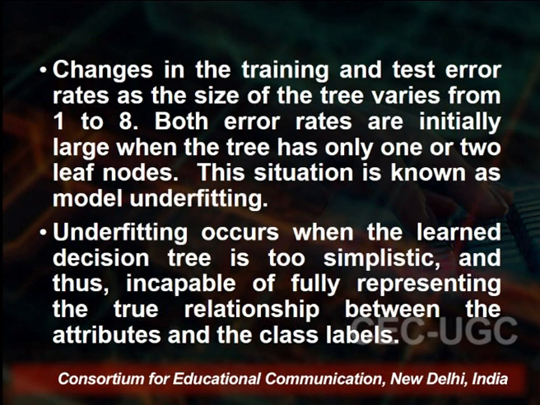We look at the change in the training and test error rates as the size of the tree varies from 1 to 8. Initially we have only one node in the tree and we gradually move to 8 nodes. Both the error rates are initially large, because the tree has only 1 or 2 leaf nodes.